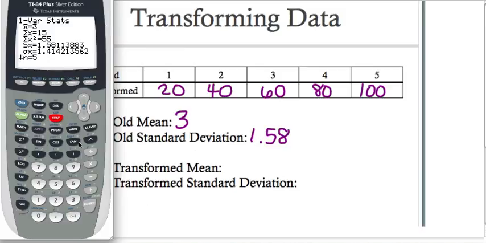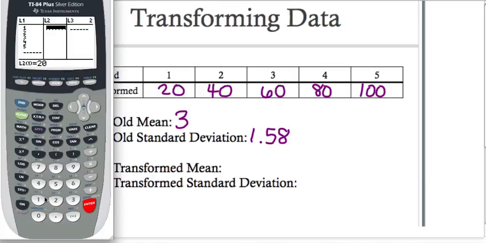I'm going to go back into my lists, and this time I'm going to go over to list 2 and enter in this transformed data. 20, 40, 60, 80, and 100. Now when I do one variable statistics, if I just hit enter here, it's going to perform this on list 1, but I want list 2.